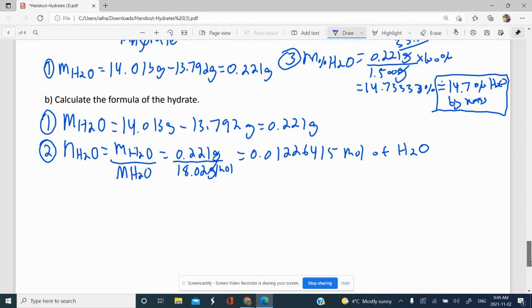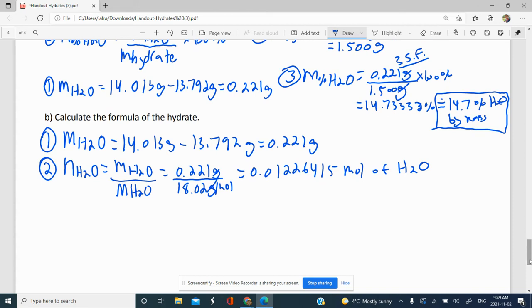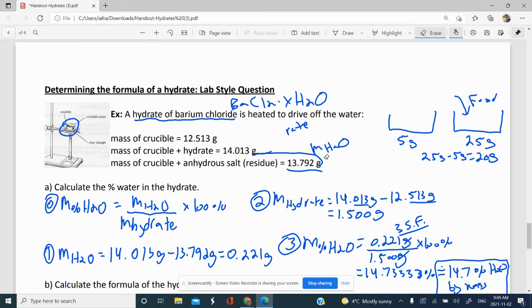Now, we need to find the moles of the anhydrous, the ionic compound. So to do that, we need the mass of the anhydrous, the leftover, the residue. So we don't have that directly given to us like we did in previous questions. We have to go find it. So what you'll notice is that we have the mass of the crucible, and we also have the mass of the crucible with the anhydrous in it. So you can probably guess how to find the mass of just the anhydrous by itself, the residue.